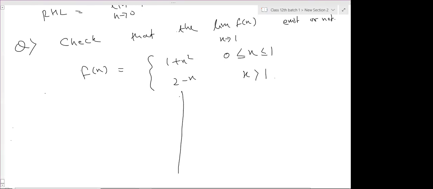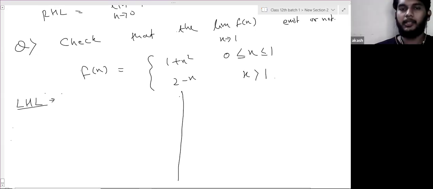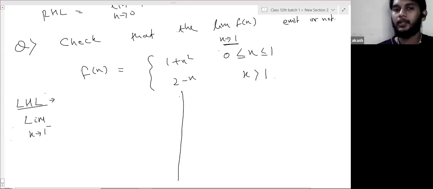Done, sir. All right. So let's find LHL. If somebody asks if the limit exists or not, then LHL should equal RHL, then the limit exists. So what is LHL? LHL will be limit x tending to 1 minus, since we are checking at 1. So 1 minus means a number that is slightly less than 1, right?